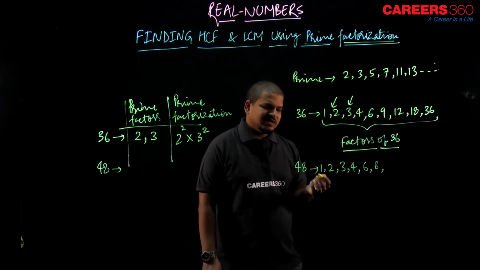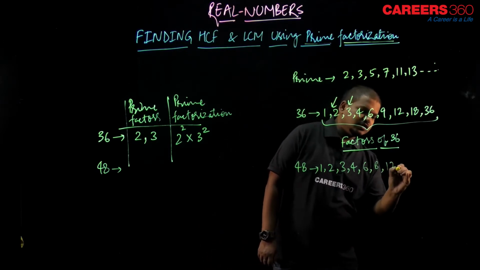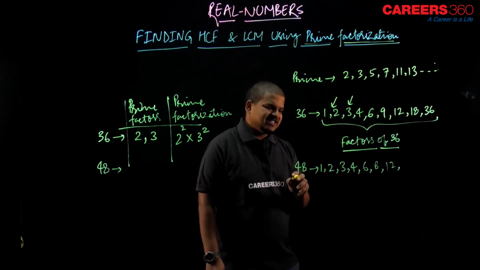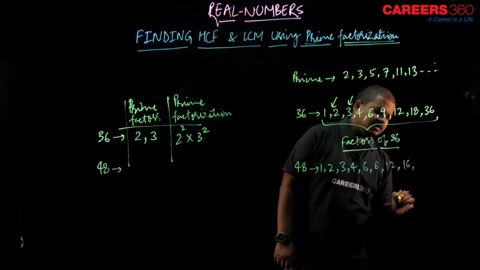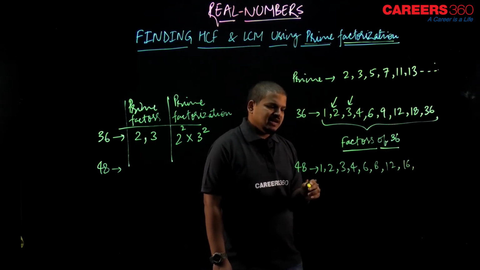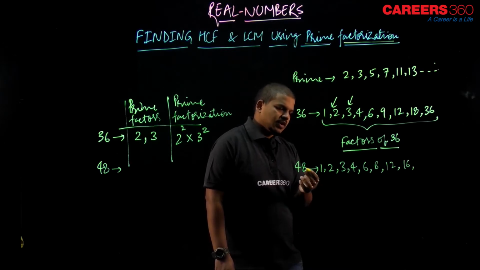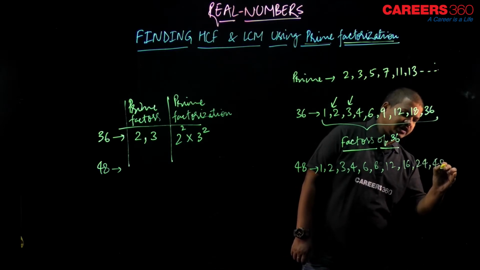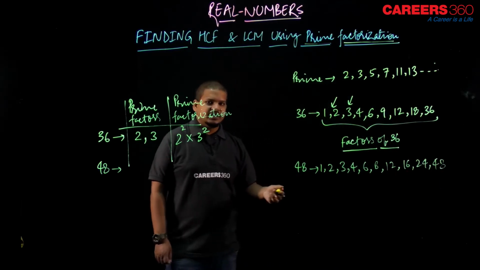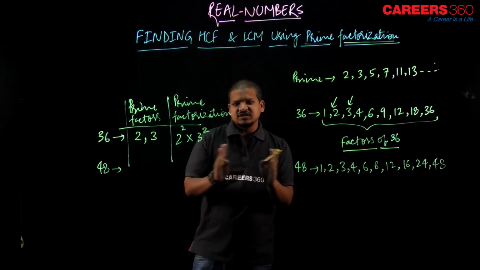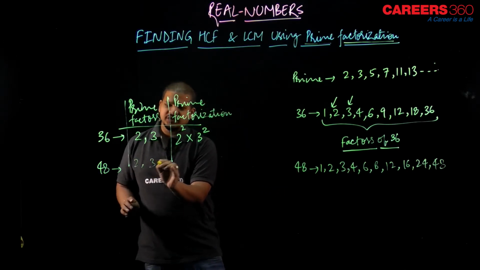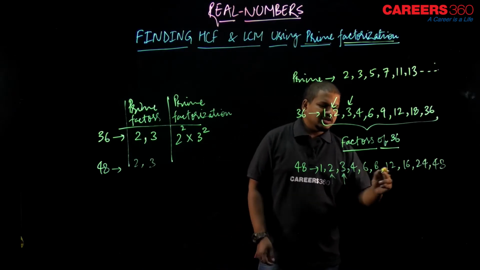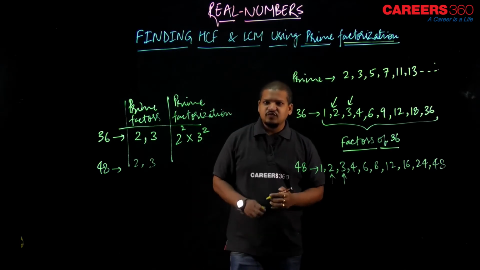Then 9, 10, 11, 12, yes, 12 also, then 13, 14, 15, 16, 17, 18, 19, 20, 21, 22 and then 24 and then 48. These are the factors of 48, right? But what are the prime factors out of it? Prime factors are nothing but again 2 and 3 only, because this is a prime number, this is a prime number. No other number is a prime one, right?